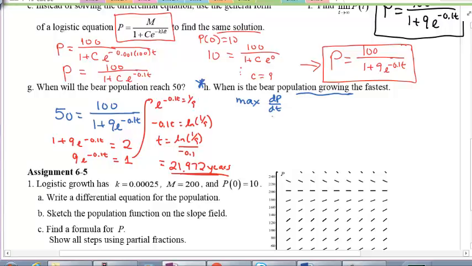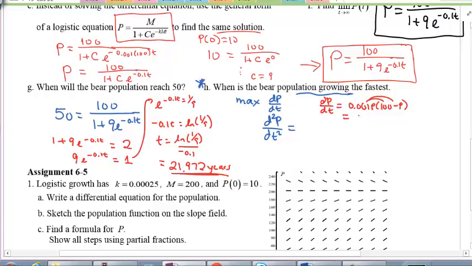Yes, you would actually take the derivative of that. So d squared P over dt squared, and then you want to make the derivative equal to 0. So I guess we should actually figure out what dP/dt is first. That from our equation is 0.001 P times 100 minus P. Let's distribute that.